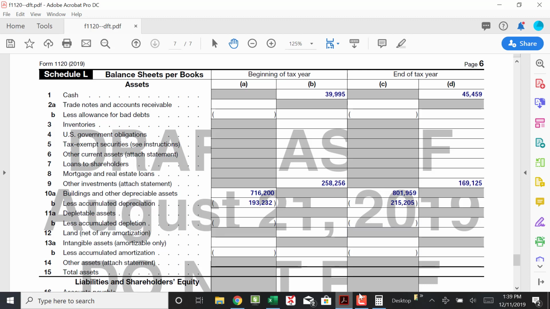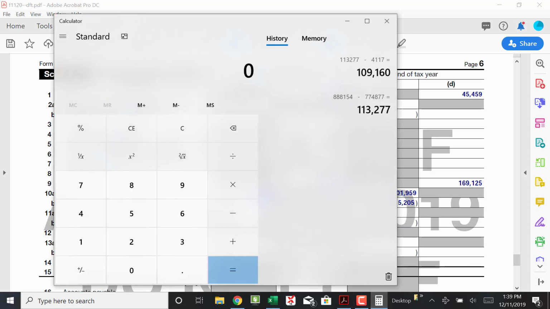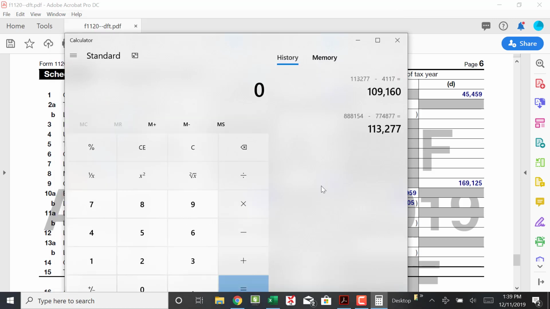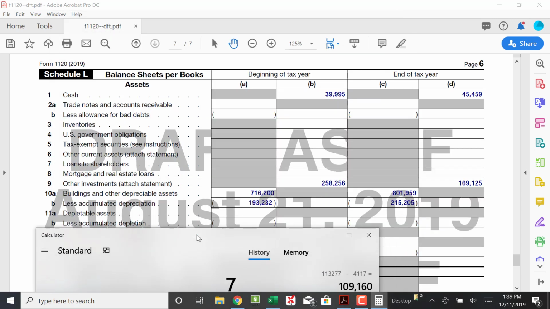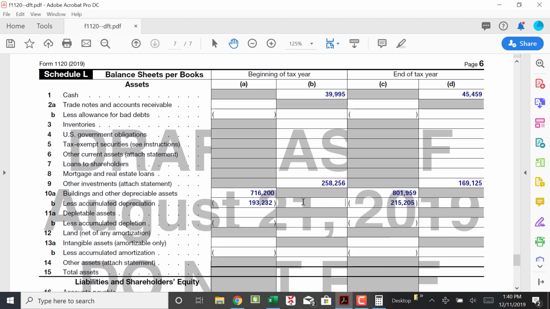And the net of those is what we're going to show in column B. So in column B, what we have is 716,200 minus 193,232, 522,968.